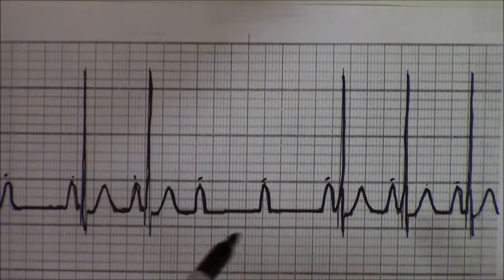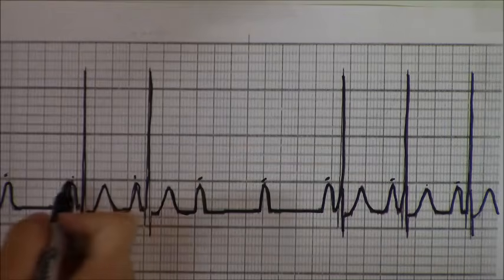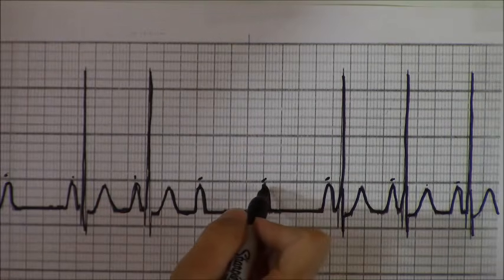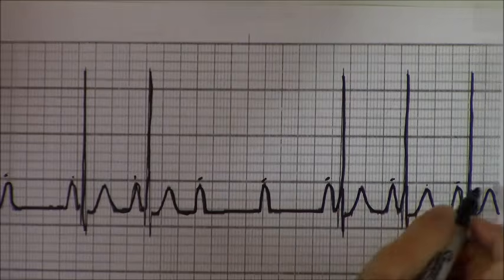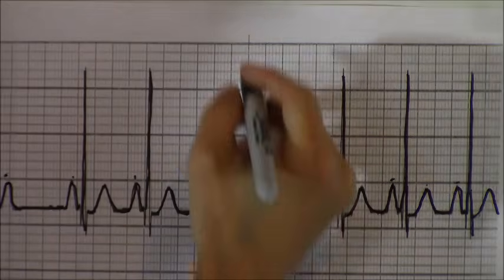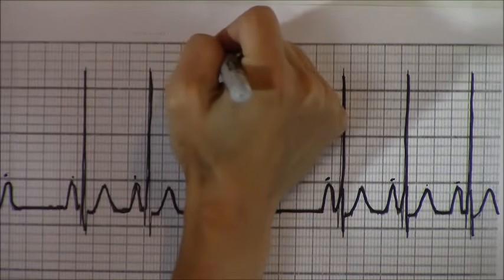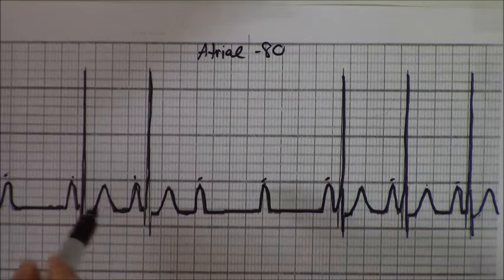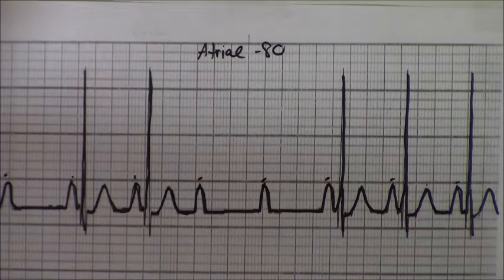So let's count how many P waves we had. We had 1, 2, 3, 4, 5, 6, 7, 8. We had 8 P waves. So we have an atrial rate, I'm going to write it right here, of 80. And we're going to see if our P waves are regular.